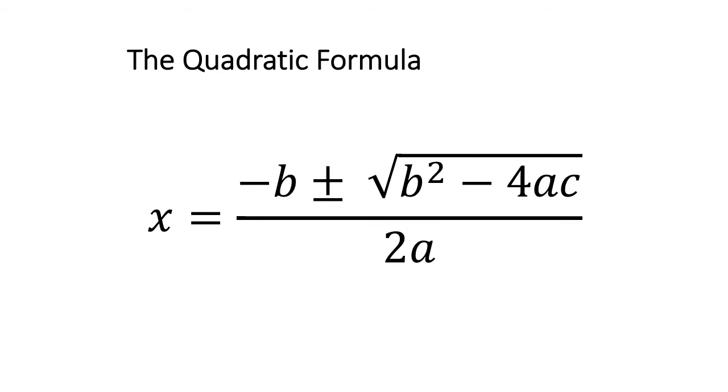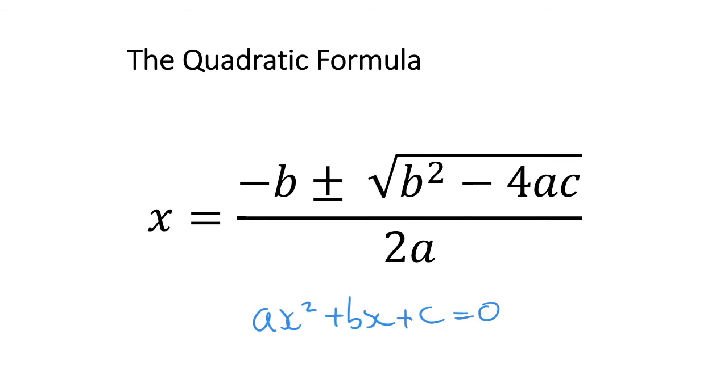To be able to use the quadratic formula, you need to identify your a, b, and c values from the original equation. Remember, the standard form of a quadratic equation is ax squared plus bx plus c is equal to 0. You apply that standard form to the equation in your question.